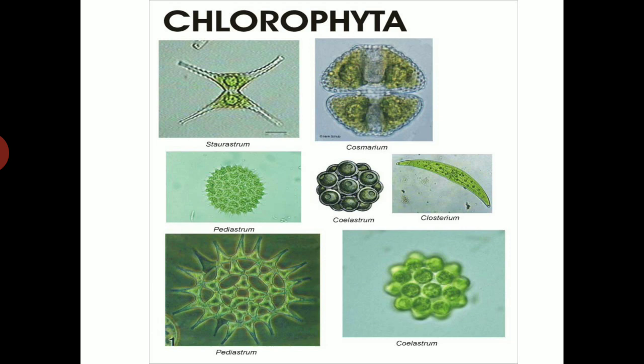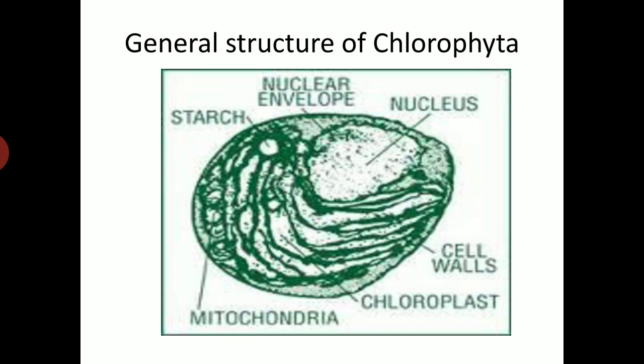The presence of eye spot in the motile flagellated cells is one of the important features of chlorophyta members.